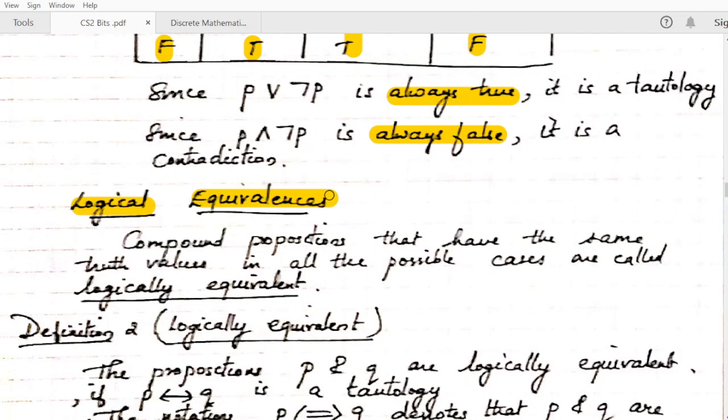If they have the same truth values, we can say the two of them are logically equivalent. So let us define this: compound propositions that have the same truth value in all the possible cases are called logically equivalent.